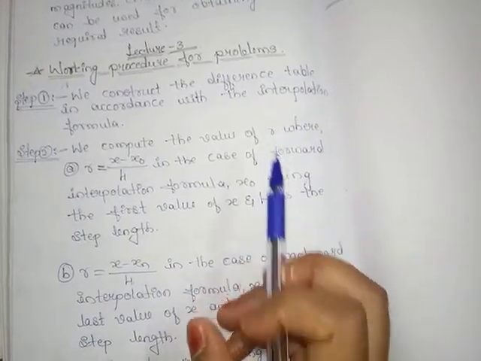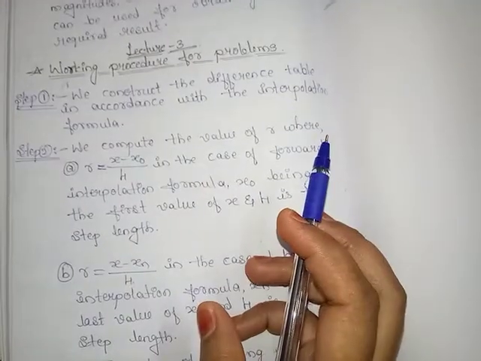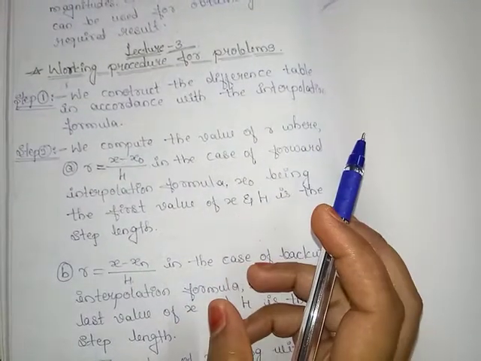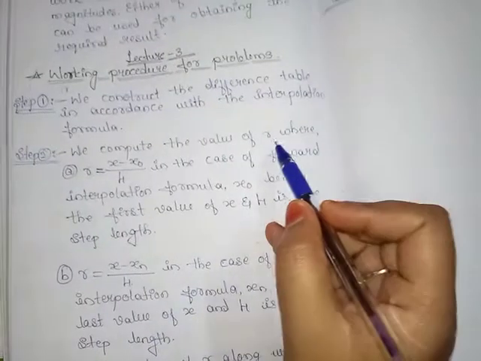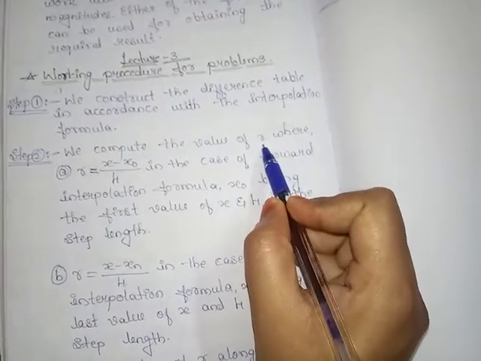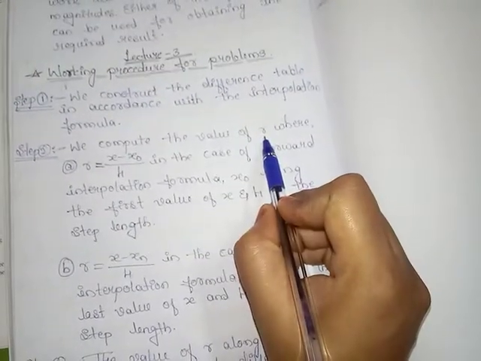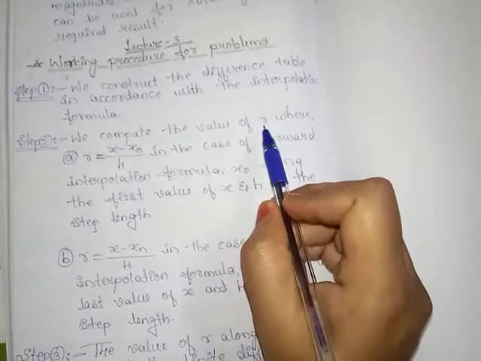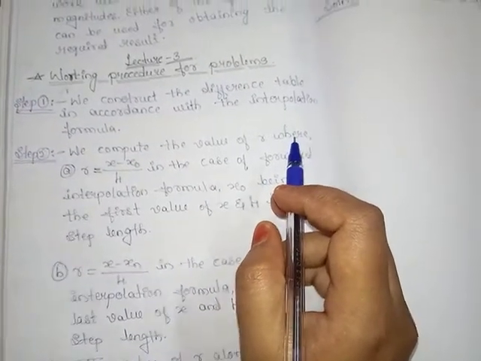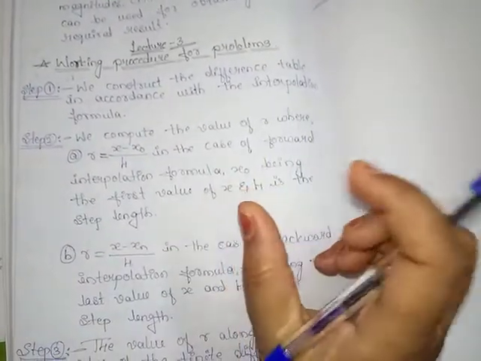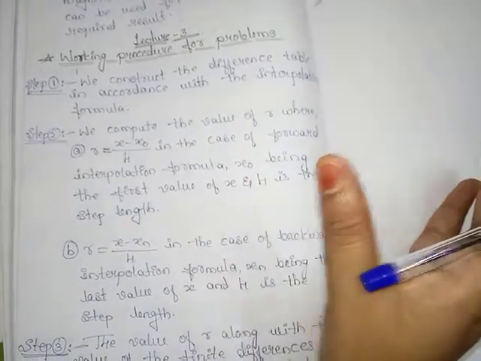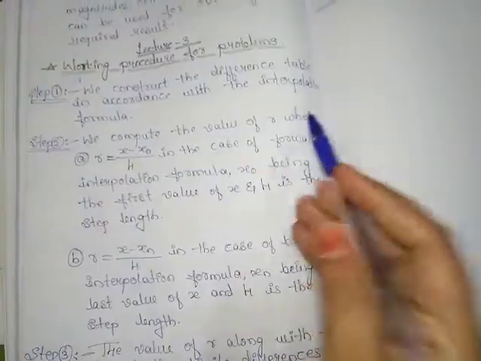We know that in Newton's forward and backward interpolation formulae, we have an r term, right? We have to find the value of r before applying the values in the interpolation formulae.